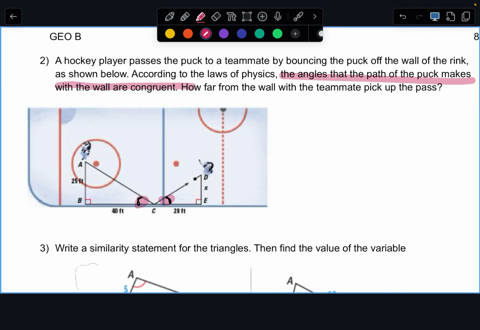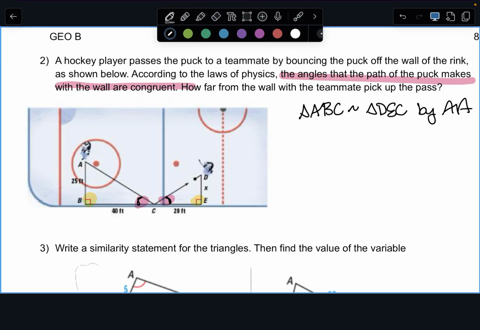A and B. Yeah, E and B, my two right angles. So my triangles are similar. ABC is similar to DEC by the angle-angle theorem, because we had two congruent angles.